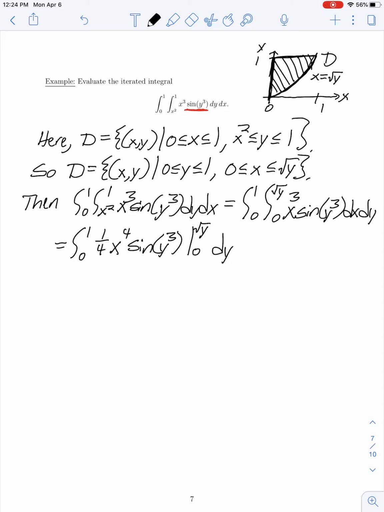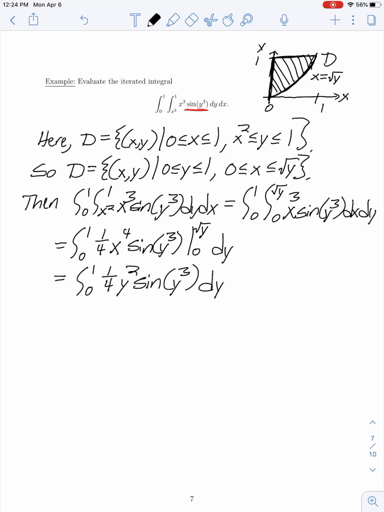So substituting the square root of y in place of x, we have the integral from 0 to 1 of 1/4 y squared times sine of y cubed, minus, when we plug in 0 for x, we get 0.